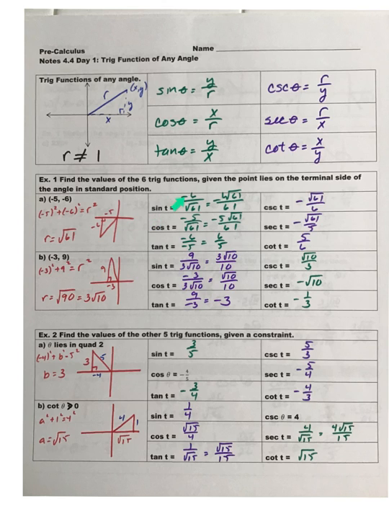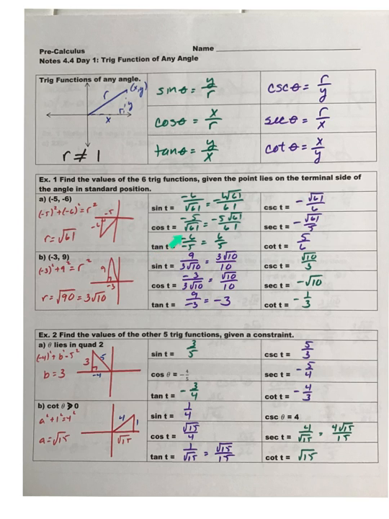So sine y over r, -6 over root 61, rationalize your denominator, and -6 root 61 over 61. Cosine x over r, so -5 over root 61, rationalize, and you get -5 root 61 over 61.